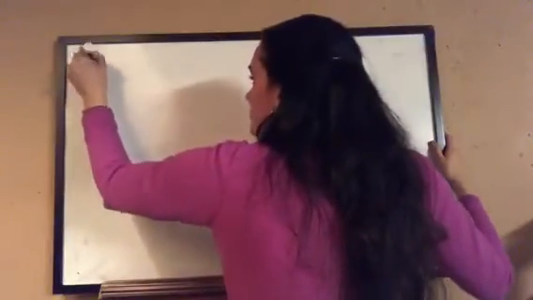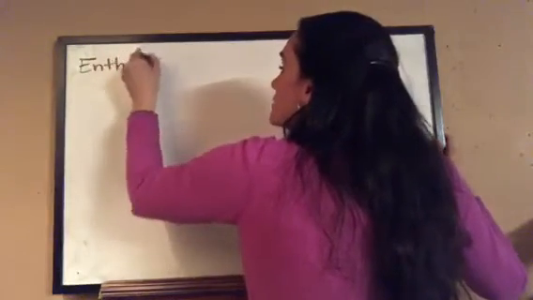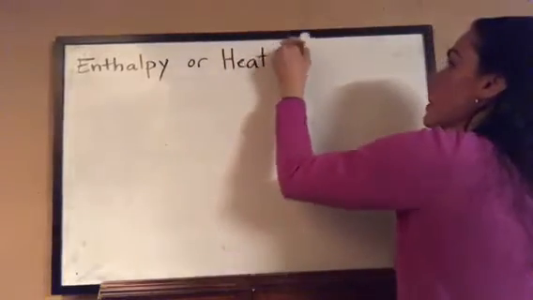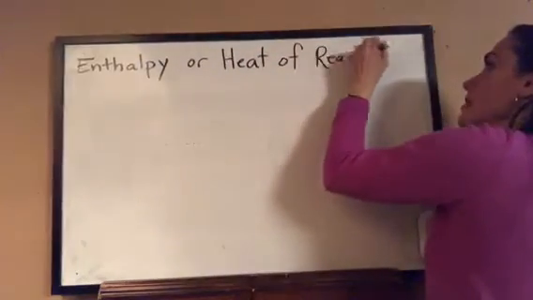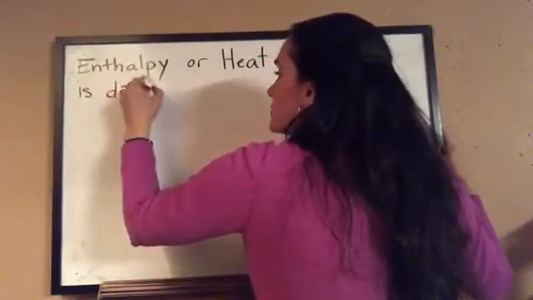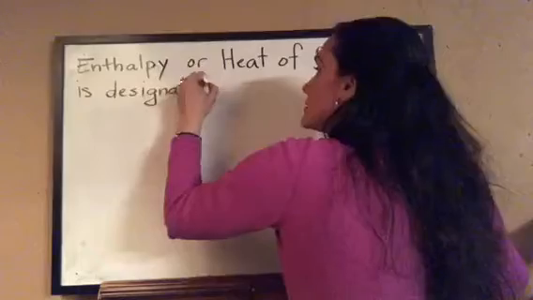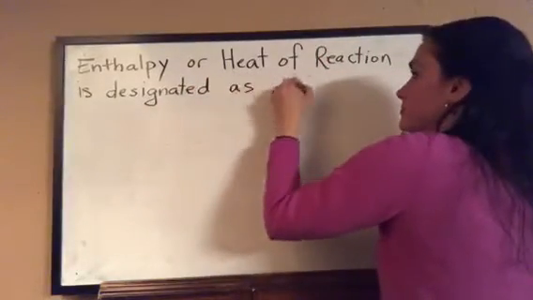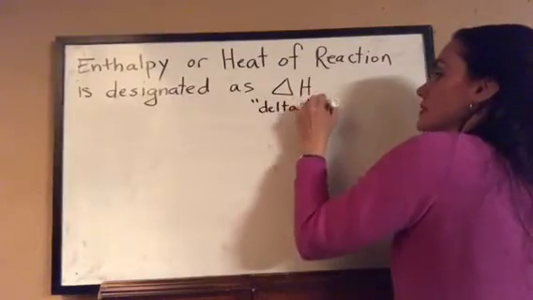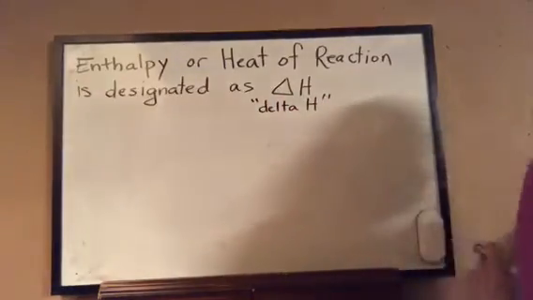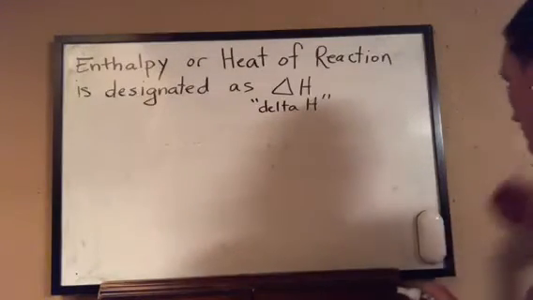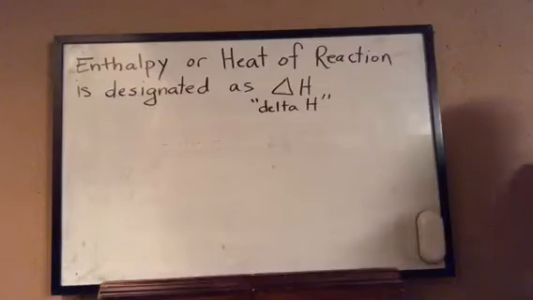That's the enthalpy, or heat of reaction. It is designated as delta H, and it's the amount of heat that is released or absorbed in a chemical reaction.